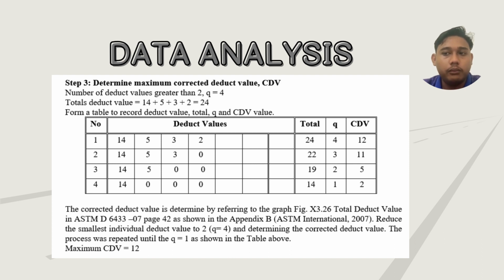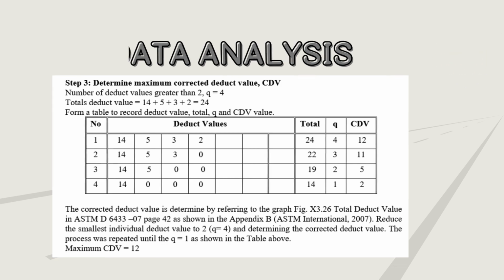The process was repeated until Q equal to 1, and the maximum corrected deduct value is 12.